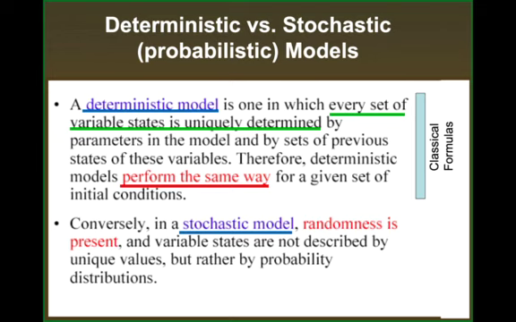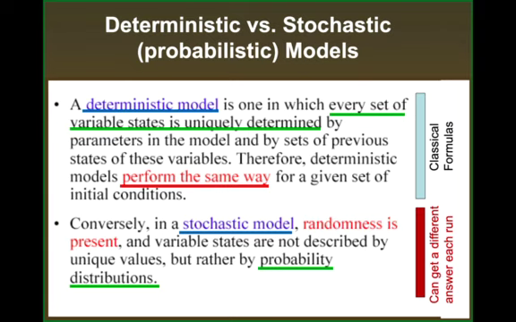For example, a probability distribution might say the value could be anywhere between 1 and 10, and the value selected during a given run is chosen at random. So probability distributions define the parameters or the variables, not the simple, uniquely determined states that you would get if you used a classical formula or a deterministic model.